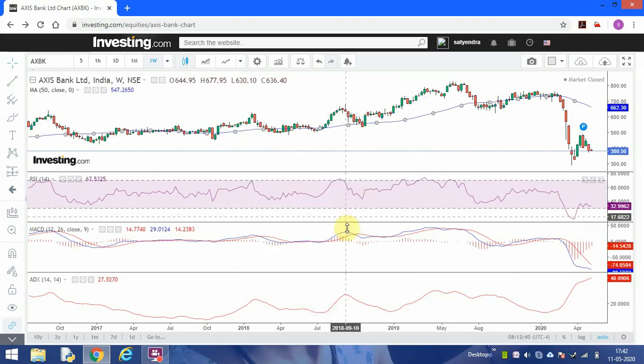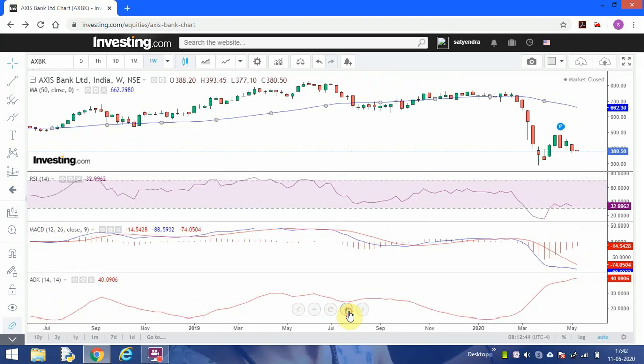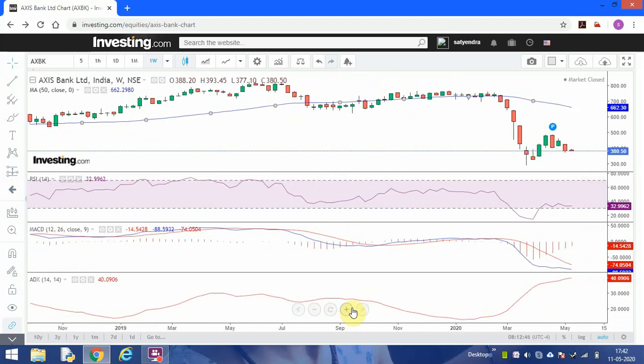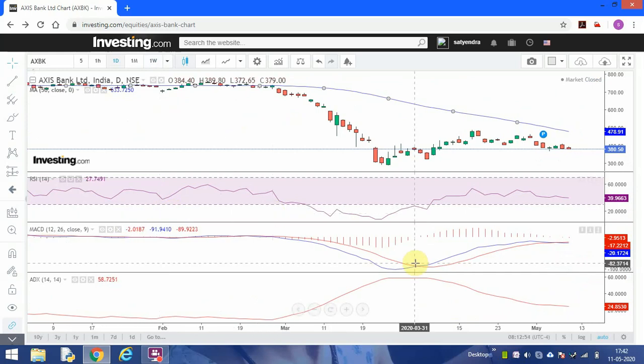I will make this screen big. You have to analyze this on the daily chart. Go to the daily chart. So you can see that RSI is going down on the daily chart.